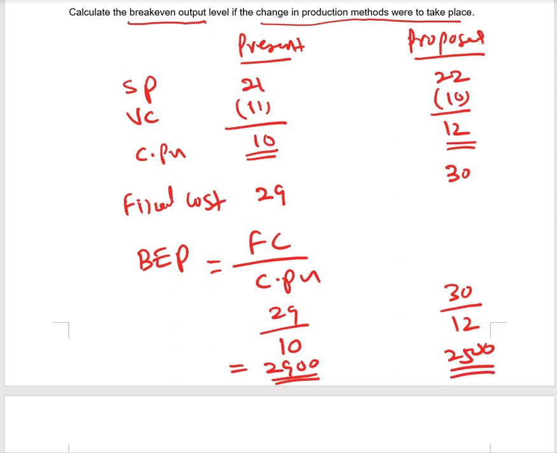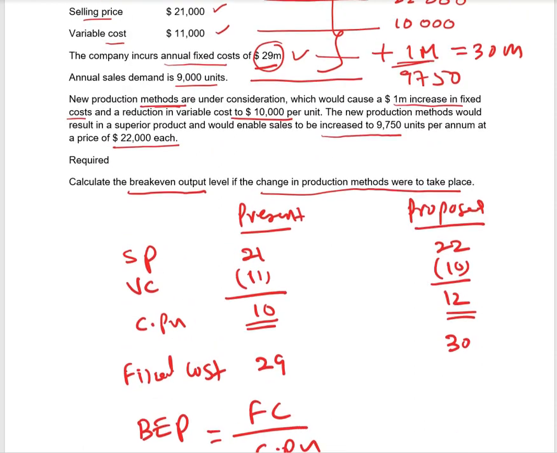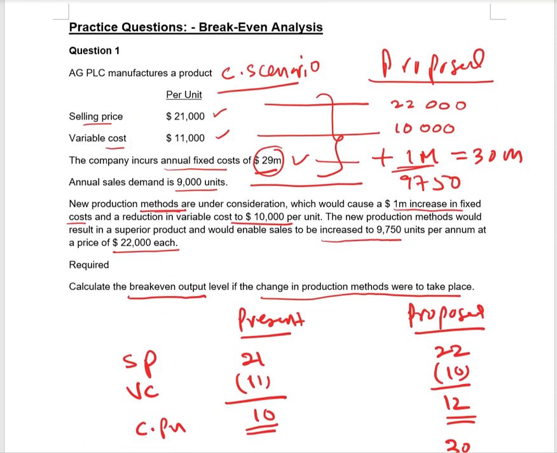So the break-even output level if the change in the production method were to take place will be 2,500. So there's a reduction of break-even point in units by 400 as a result of this new production facility. So this is the answer for this particular question.